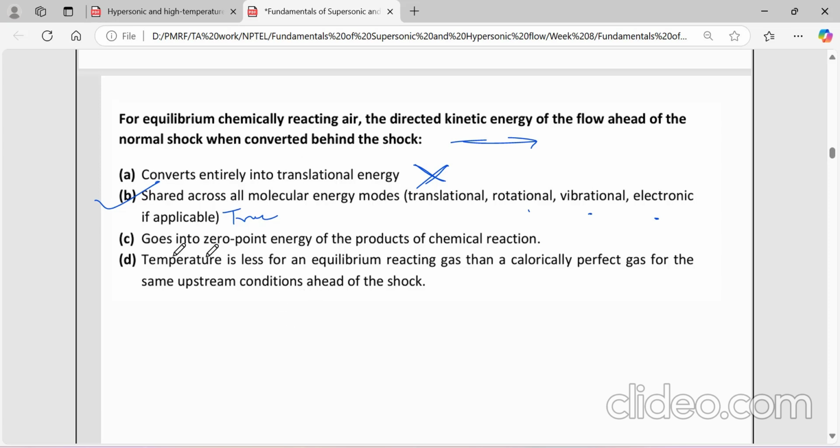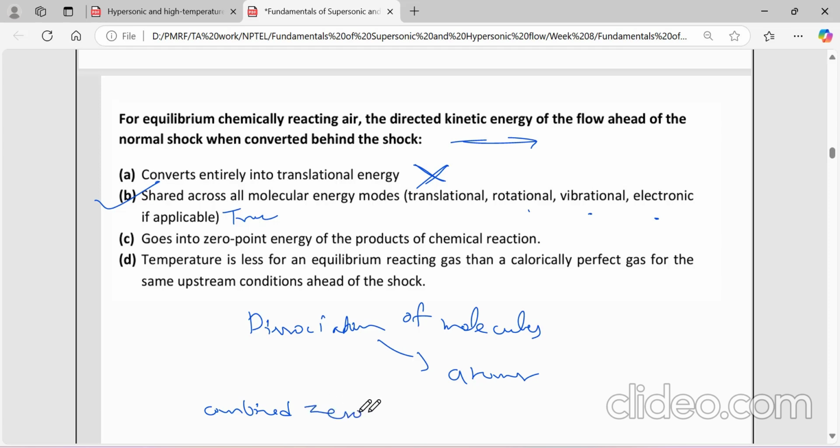So what happens is, if there is dissociation of a molecule, then you will get atoms, and the combined zero point energy of atoms is greater than the zero point energy of the molecule.